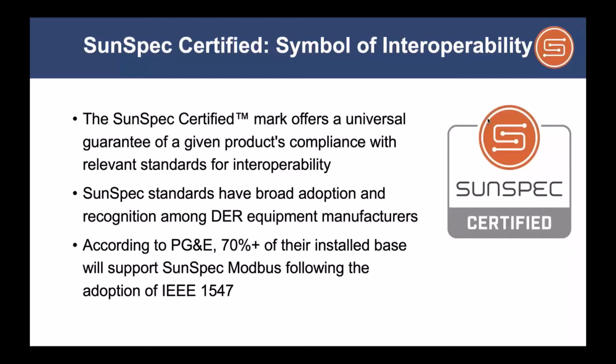Now, SunSpec Modbus standards in particular have a very broad adoption amongst the DER equipment manufacturers. About 30 to 40 of these manufacturers have gone for SunSpec certification so far, with more on the way. In a survey done by the California utility, Pacific Gas and Electric, they determined that about 70% of their installed base will support the SunSpec Modbus interface following the adoption of IEEE 1547.